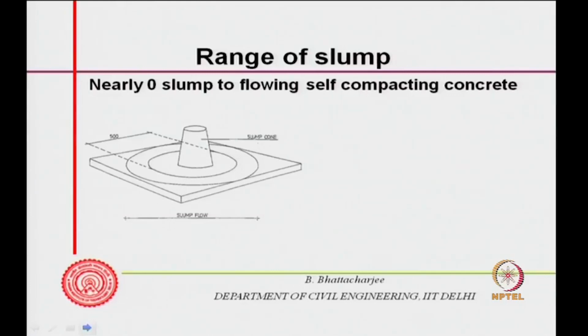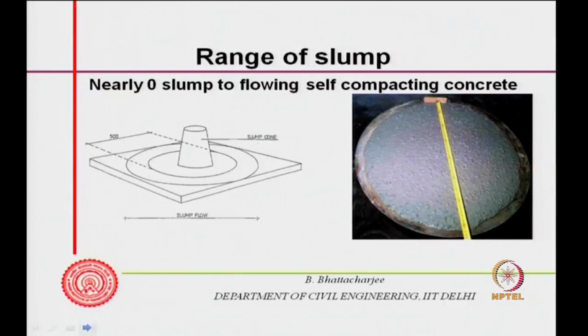For example, you just lift up the slump cone, and the spread of the concrete we measure. As you lift it up, the concrete will spread along this direction, and the slump flow is measured. So, concrete is very versatile, going from 0 slump roller compacted concrete to self compacting concrete.